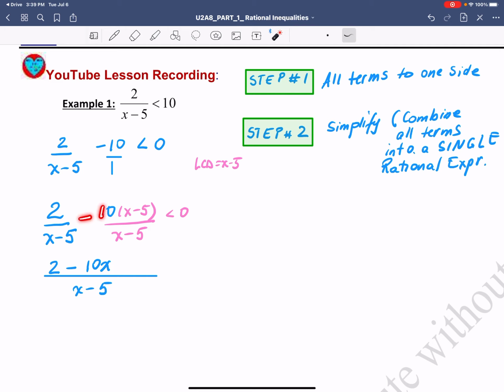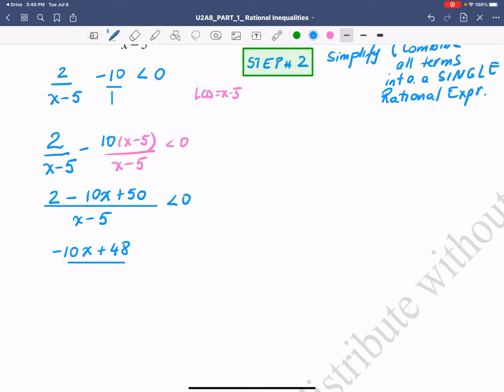And then minus 10 times negative 5, that would be plus 50, less than 0. One more step to simplify the numerator. So negative 10x plus 48 divided by x minus 5. And that must be less than 0.